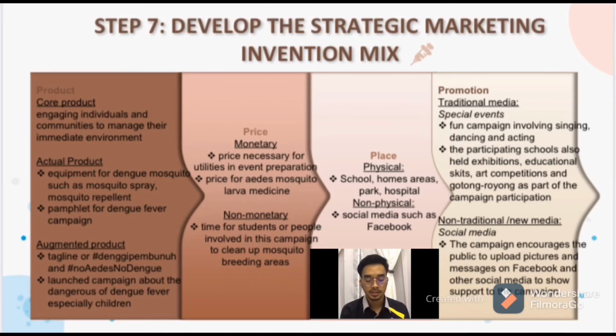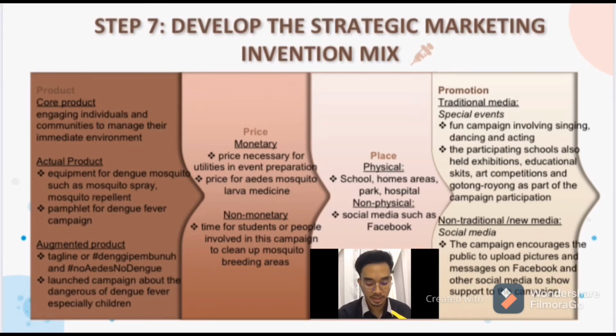The augmented product is the non-physical part of the product. These are all value-added features or benefits and additional services that you can get with the purchase of the product. For example, we use the taglines dengue pro bono and no Aedes no dengue. In addition, we launched a campaign on the dangers of dengue fever, especially for children.